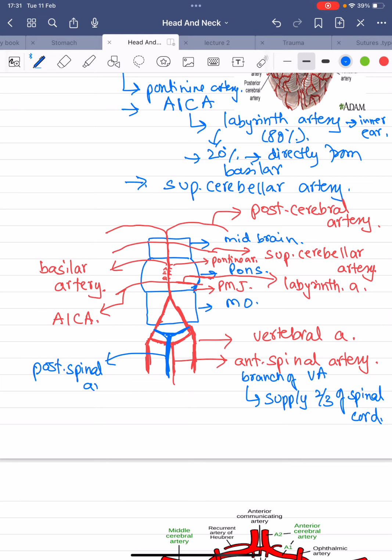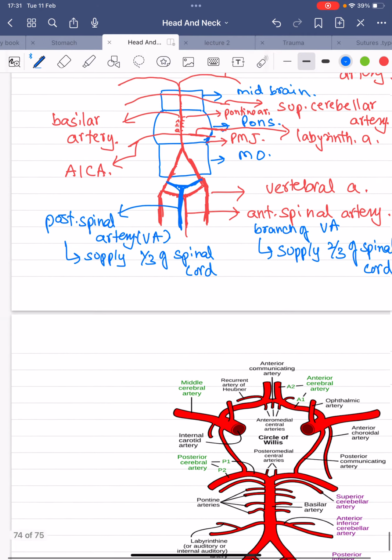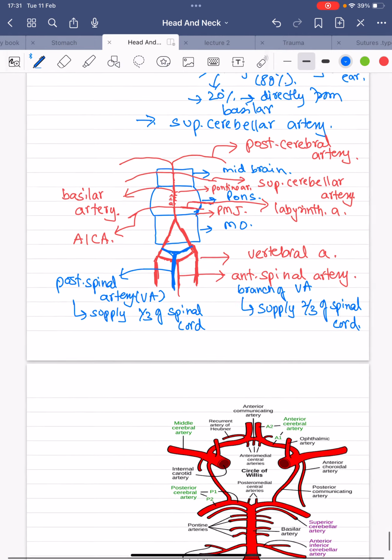The posterior spinal artery is also a branch of the vertebral artery. And please remember, it is giving blood supply to the posterior 1/3 of the spinal cord. Now, why are these arteries important? Because clinically, see here.